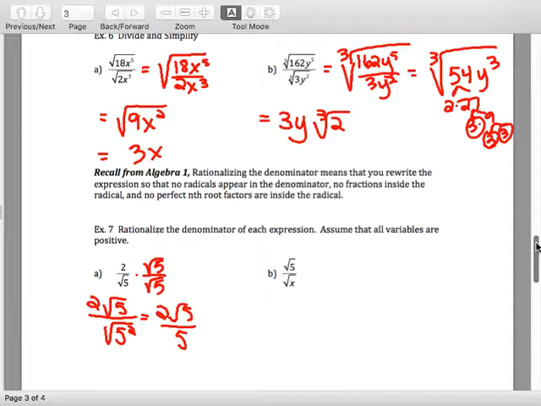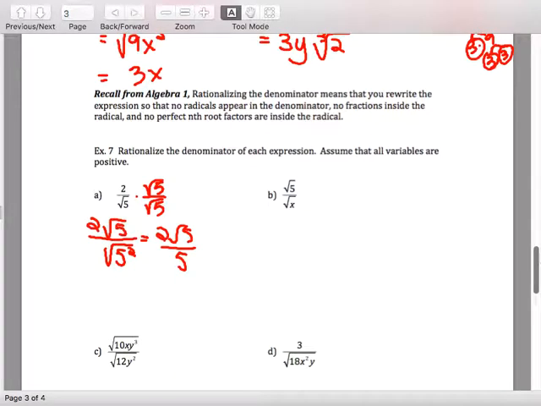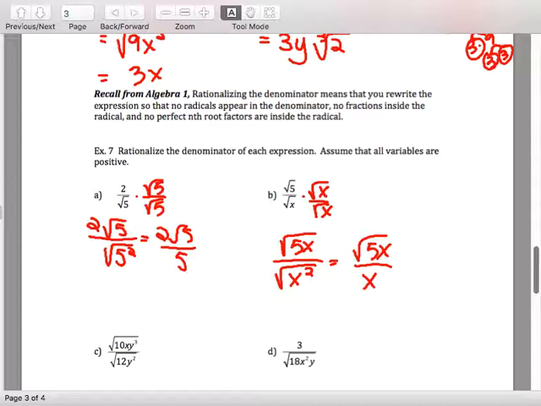And you did that in Algebra 1, okay? So that's not new. Now, letter B, we're going to take it to the Algebra 2 level. If I multiply by the square root of x, in the top, this is the product property we learned about yesterday for radicals, that's the square root of 5x. But down in the bottom, the square root of x squared, 2 divided by 2, is 1, and it's x to the 1st.